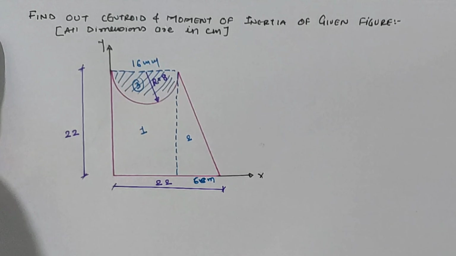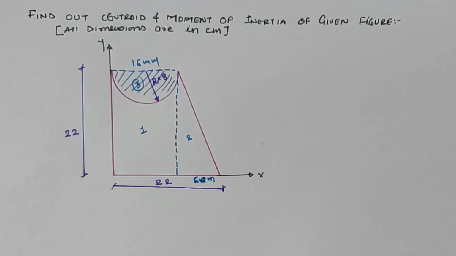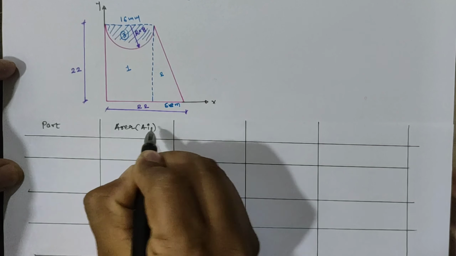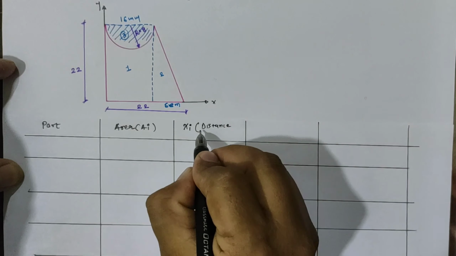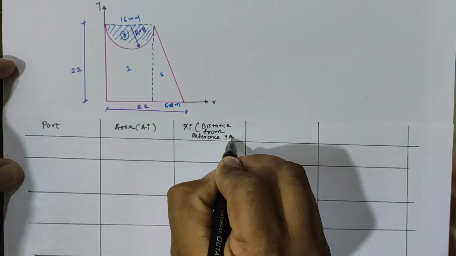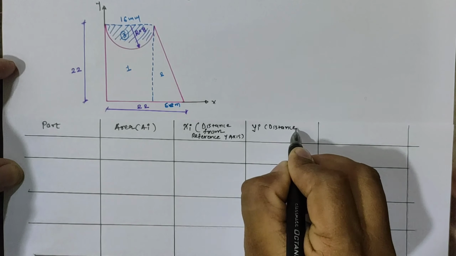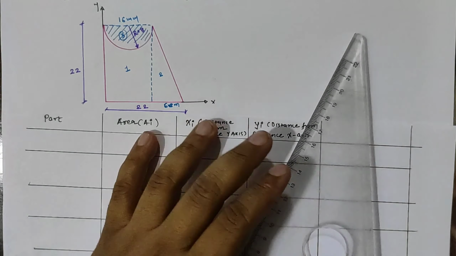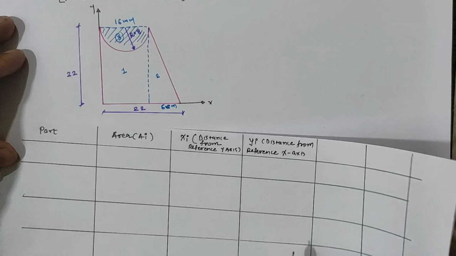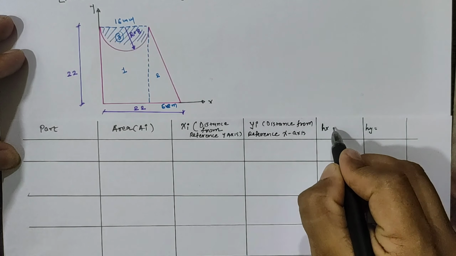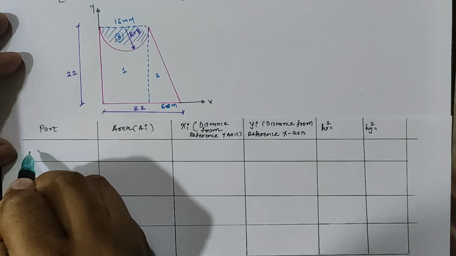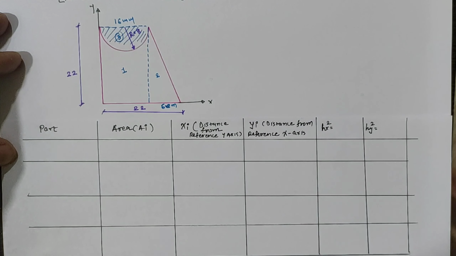Now going ahead for the calculation of center of gravity, we are going to calculate it in a tabular form, where each part indicates our assumption of the discrete element.